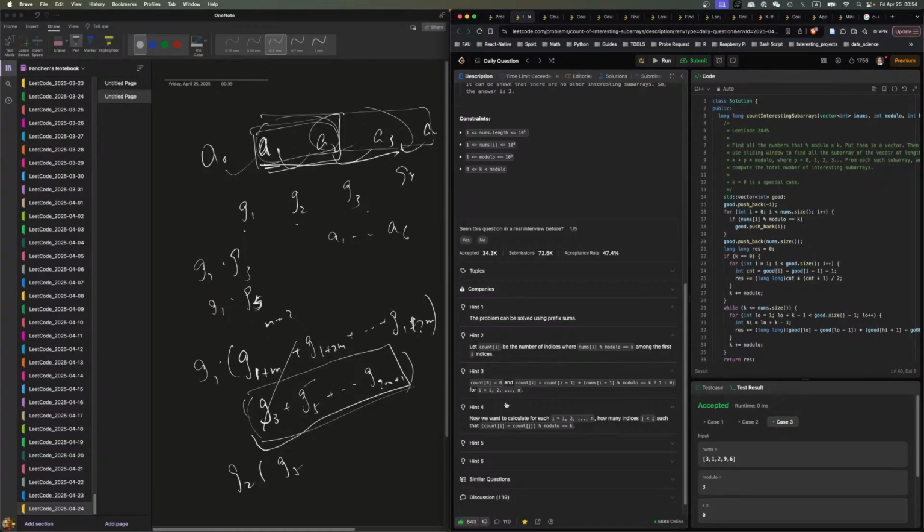So I have count I, and count I minus count j modulo this equals k. So that means count I minus count j needs to equal k, or k plus modulo times 2.